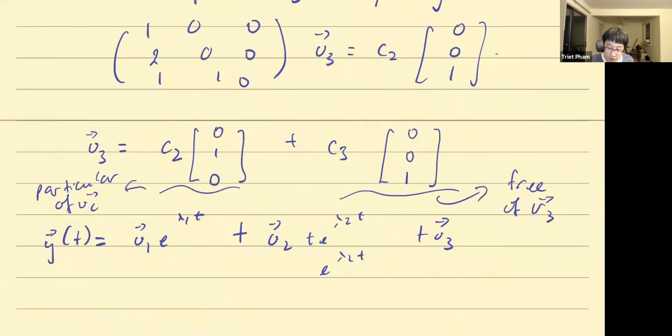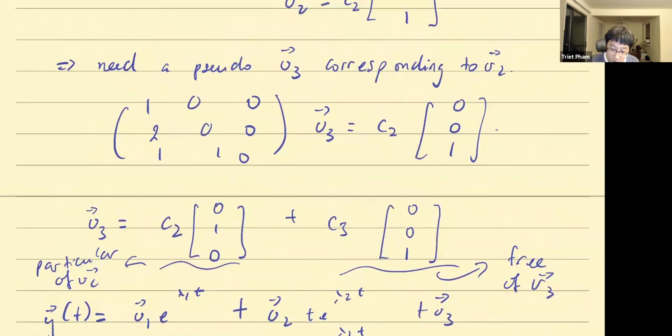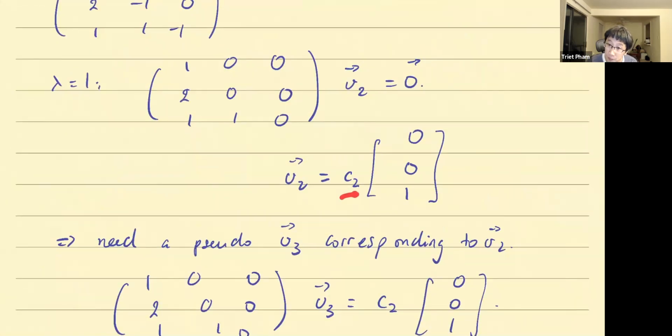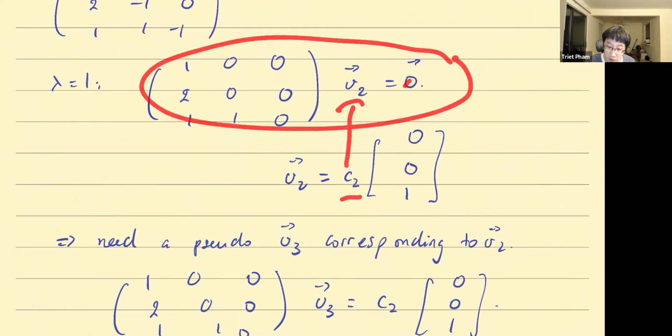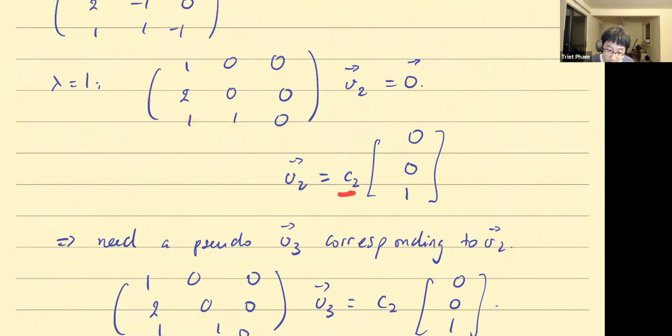So back to my question: which one is which? Does the V2 get the t or does the V3 get the t? That's exactly the thing. So why is C2 used here? C2 is used here as the freedom part of this equation. Do you see it? Because any C2 here would solve this.